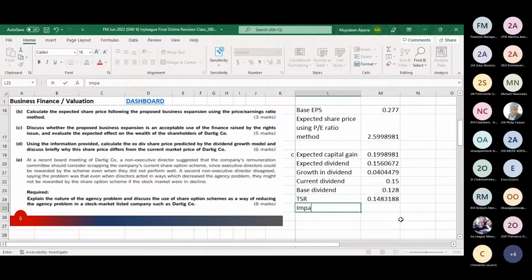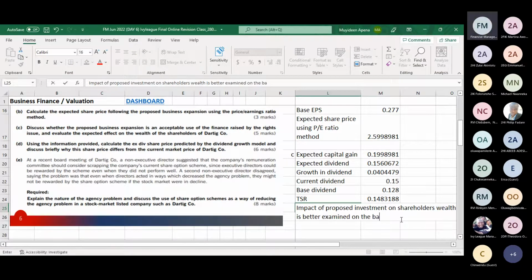Impact. So we are writing: impact of proposed investment on shareholders' wealth is better examined on the basis of what? Total shareholders' return.